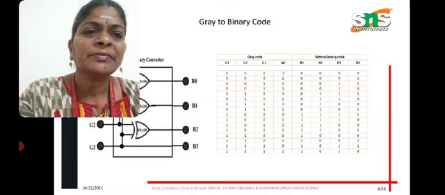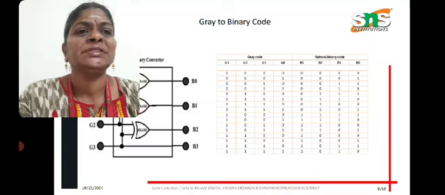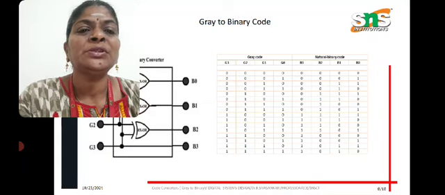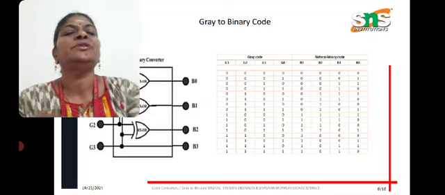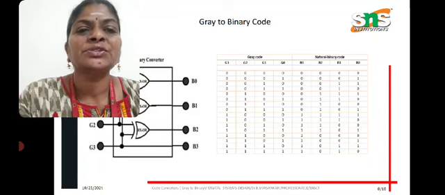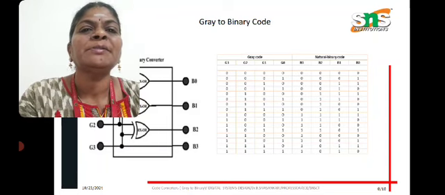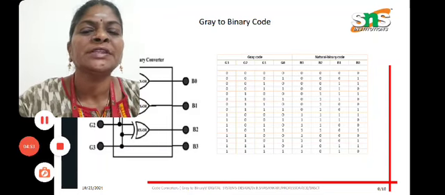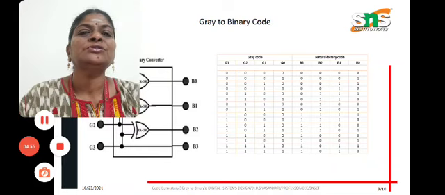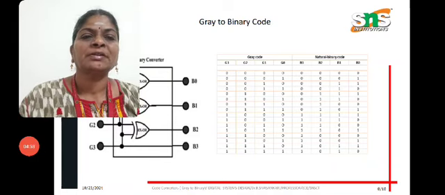You need not evaluate each bit again. If you interchange the same truth table, you will get gray to binary. So this is the truth table of gray to binary.